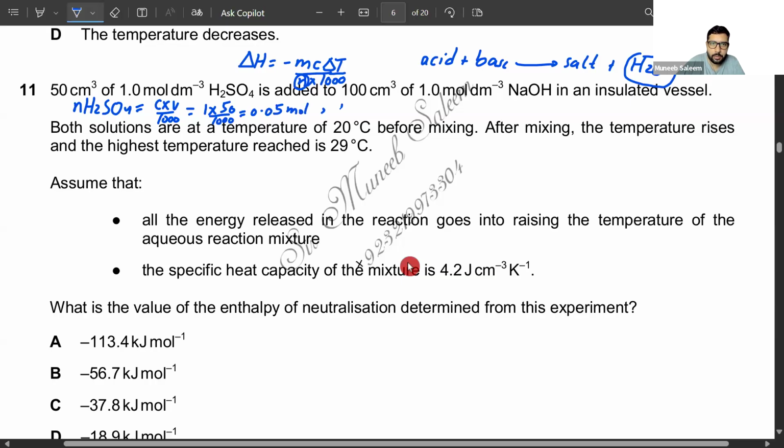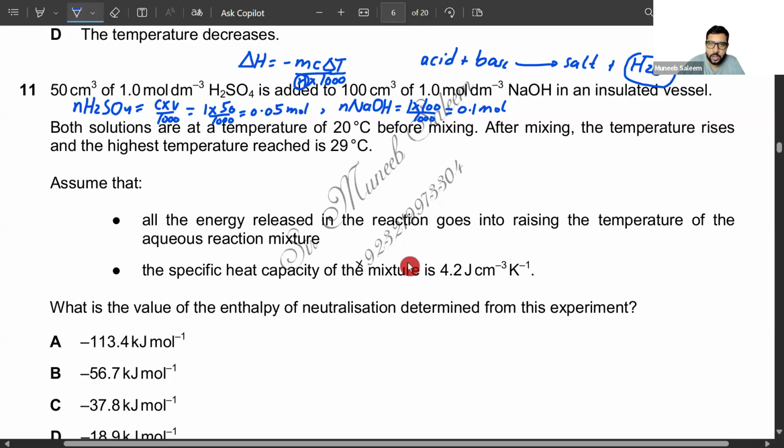Similarly, we calculate the number of moles of NaOH, which is 1 into 100 over 1000, equivalent to 0.1 mole.